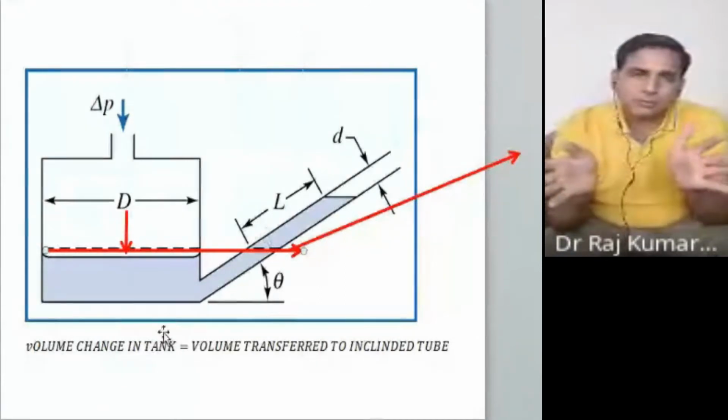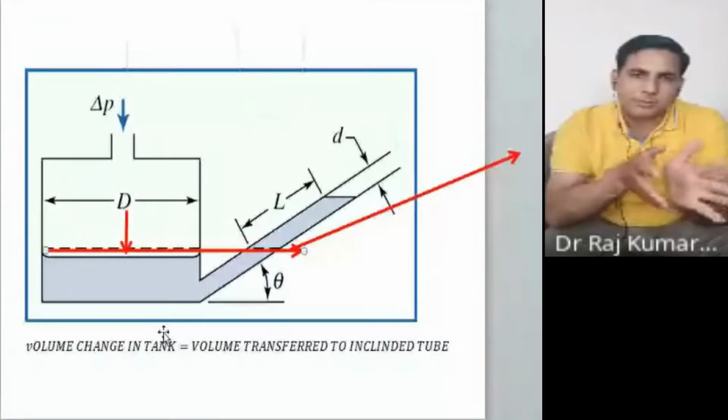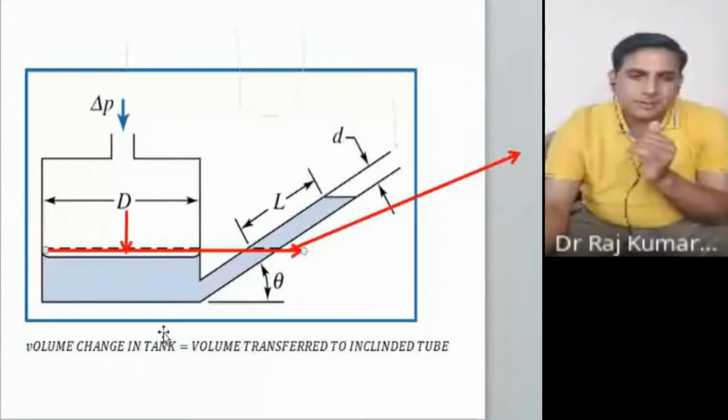So you are doing volume balance. The change in the volume in the bigger tank would be equal to the gain in the volume of this tube here. Now you can write the equation for that in terms of volume.